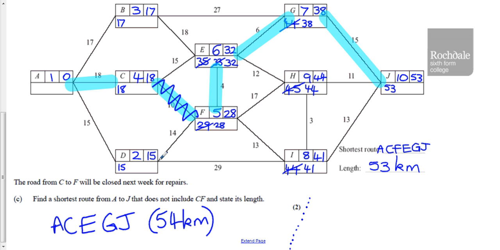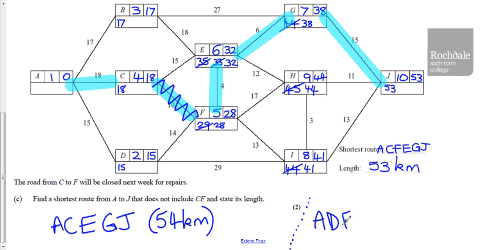Now there is a second route avoiding CF, starting at A. This time, and really this is just by trying a few different possibilities, you could notice that going from A to D to F quickly gets you onto this shortest path from earlier.